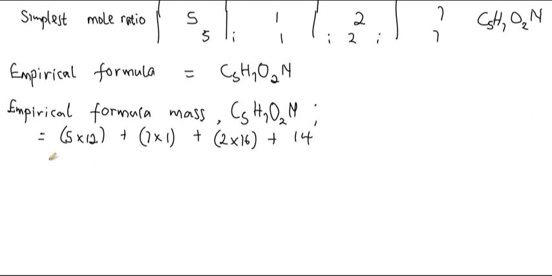So here now I have 60 plus 7 plus 32 plus 14, which gives a total of 113. My unit is grams per mole.